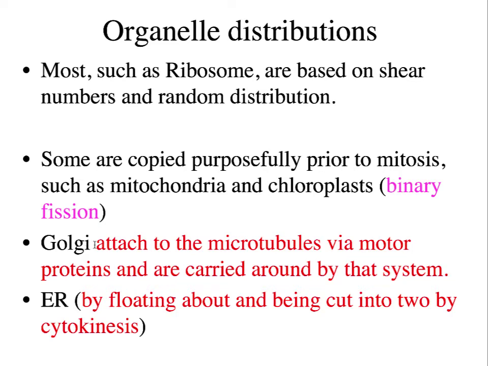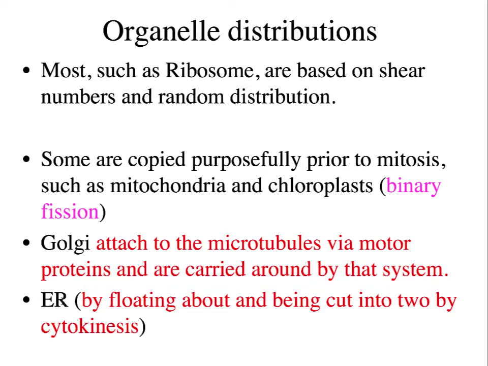The Golgi has an interesting life in that it is attached in fragments to the microtubules. And it uses motor proteins to migrate along those microtubules. And as the microtubules are distributed amongst the two daughter cells, they automatically carry with them this Golgi segment. So that takes care of the Golgi.